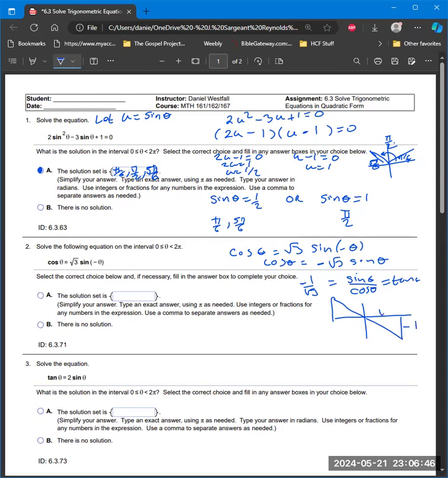Opposite over adjacent, opposite over adjacent. And so the reference angle here is going to be pi over 6. So that's going to be 5 pi over 6 and 11 pi over 6.